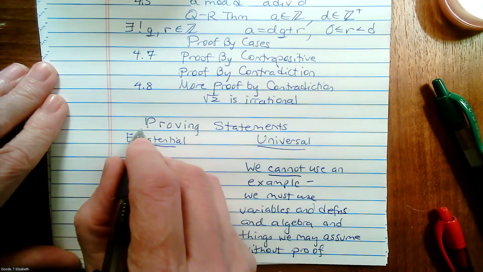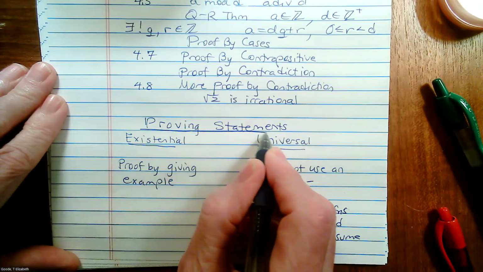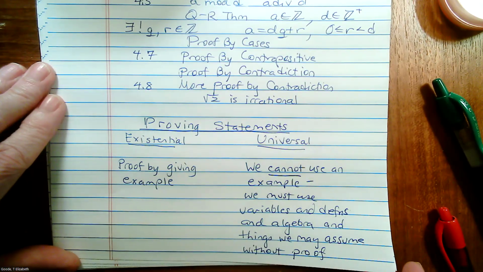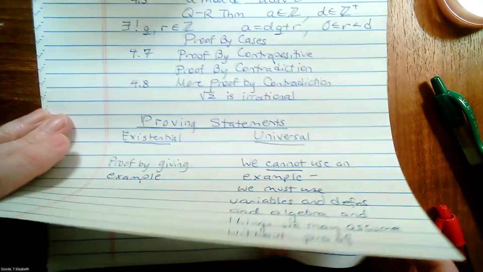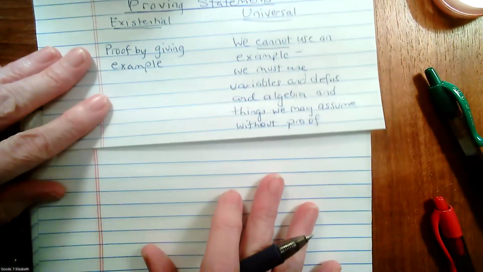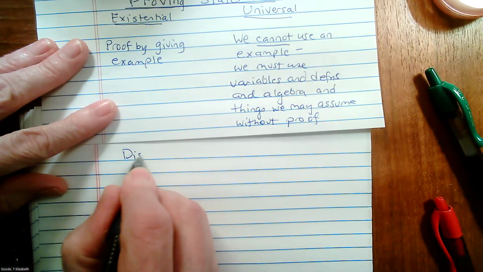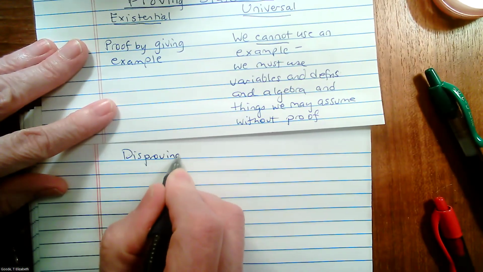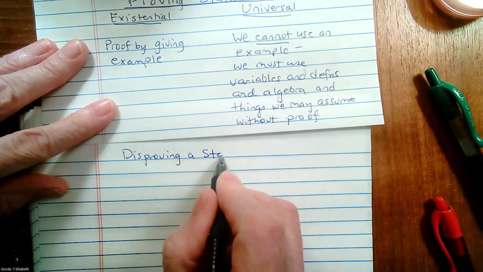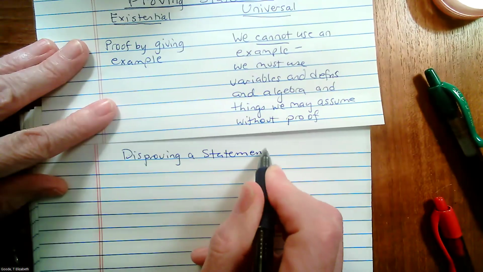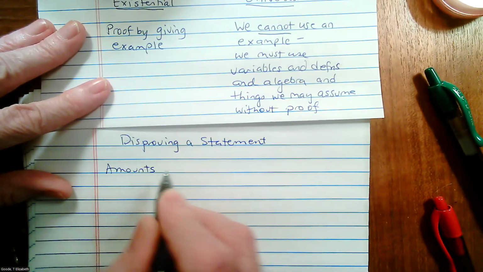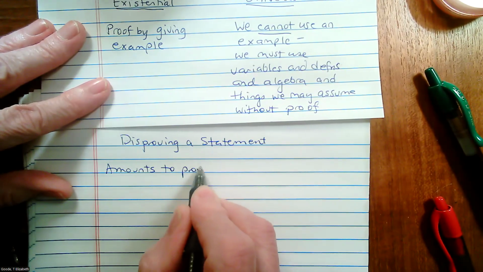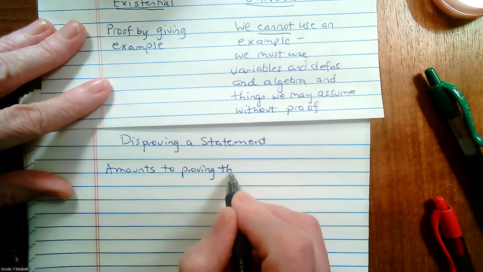And then we learn to disprove statements by proving the negation. That's basically what disproving a statement is. It amounts to proving the negation of the statement.